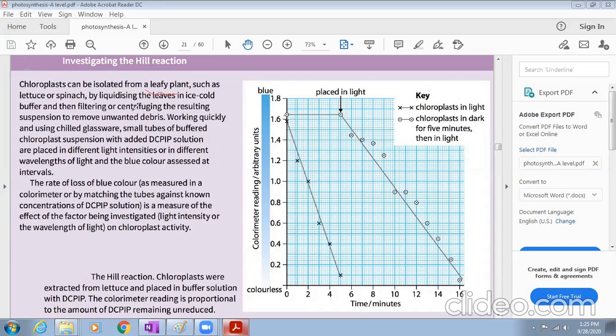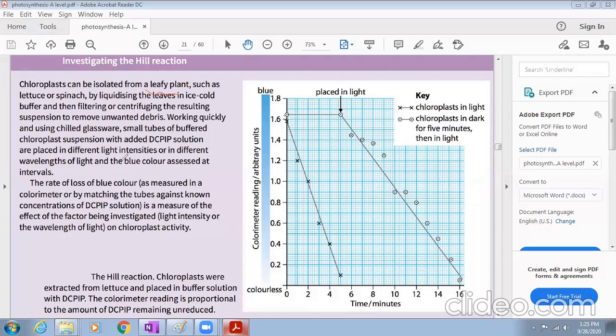Then we filter or centrifuge the resulting suspension to remove unwanted debris, working quickly and using chilled glassware. A small tube of buffered chloroplast suspension is prepared with added DCPIP. The buffer maintains the pH, and temperature does not increase, so that it may not damage our chloroplast or the green pigment chlorophyll.